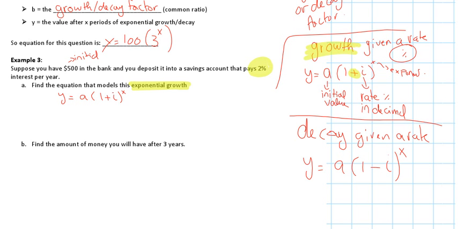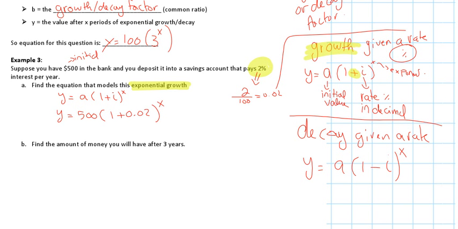And what's my i? 2%, but I have to write it in decimals. So what's 2% in decimal? 0.02. To find this in decimal, I have to do 2 divided by 100, which is 0.02. So that's going to be 1 plus 0.02 to the power of x.